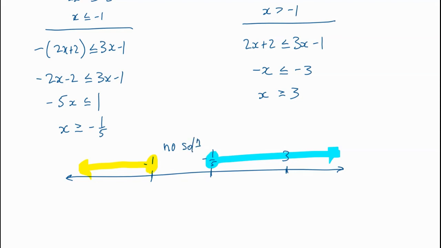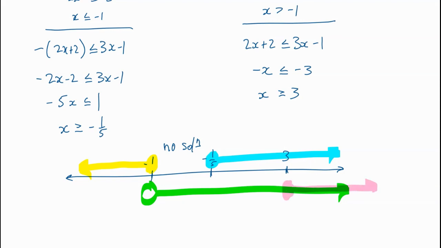for that part. I'm going to do the rest of it below the number line, the second one, just to keep them separate. When x is greater than negative 1, we use an open circle. And when x is greater than or equal to 3, use a closed circle.